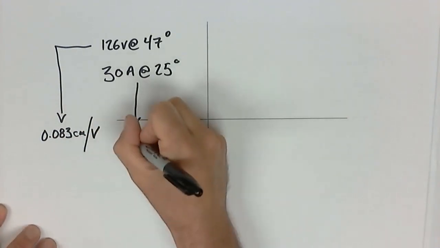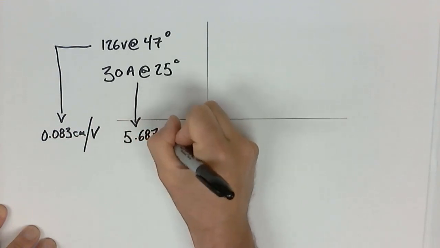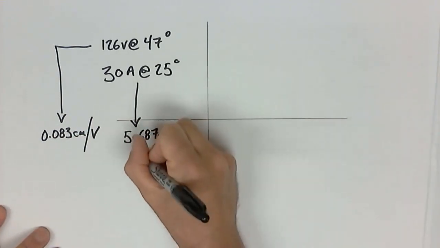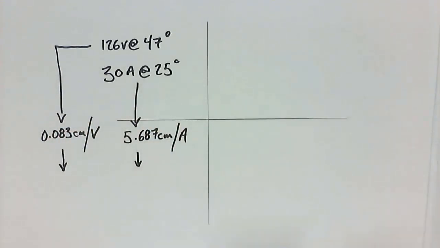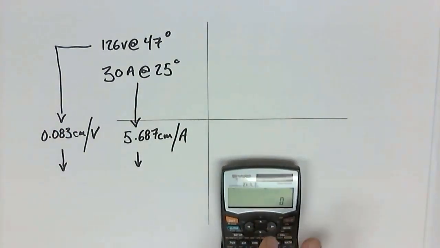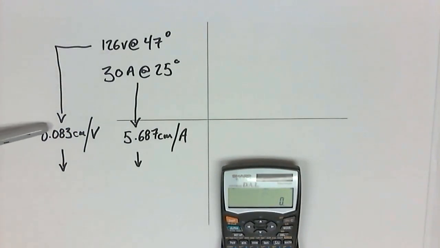And the current is going to be 5.687 centimeters per amp. Oh, that seems like it's going to be really complicated. Well, actually, it isn't. It's actually quite simple.